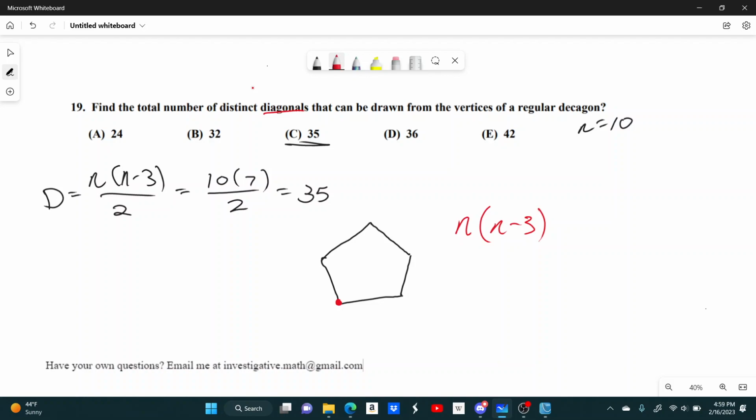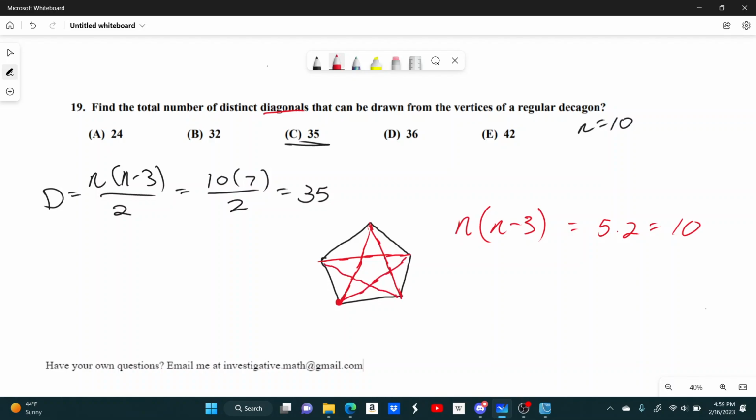In this case, you would think that since n equals 5, you get 5 times 2 equals 10 diagonals. But if we draw this, and yes, I know this is going to end up being a pentagram, I swear that was by accident, you can see that this is actually only going to create 5 diagonals.